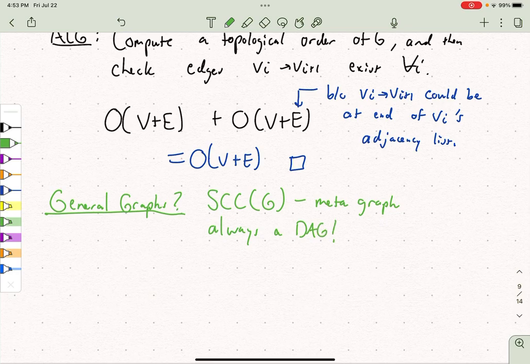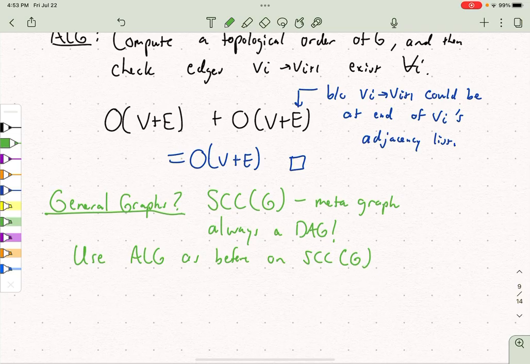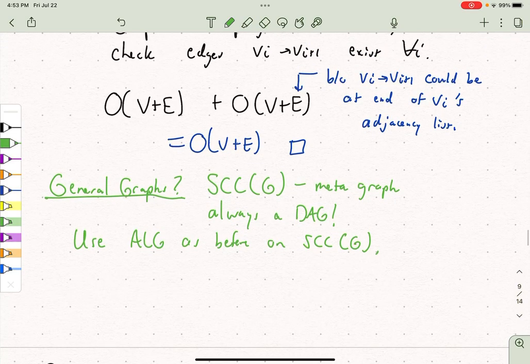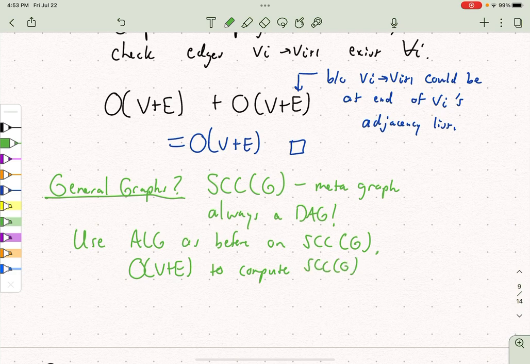And then we can use the same algorithm as before on the strongly connected component graph of G. And we know that takes O of V plus E time to compute SCC of G using any of the algorithms from the textbook.